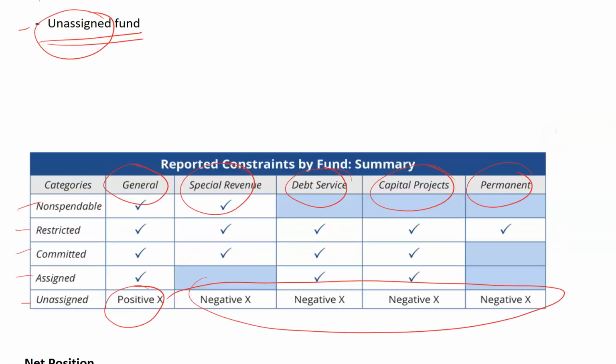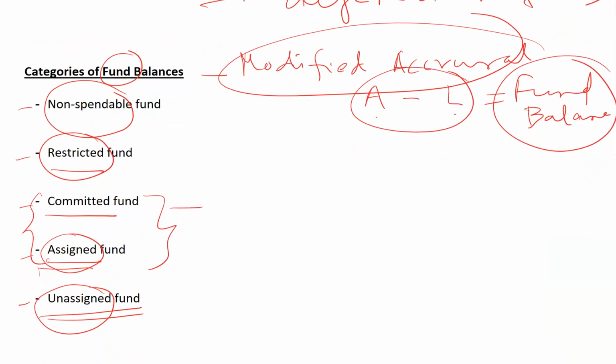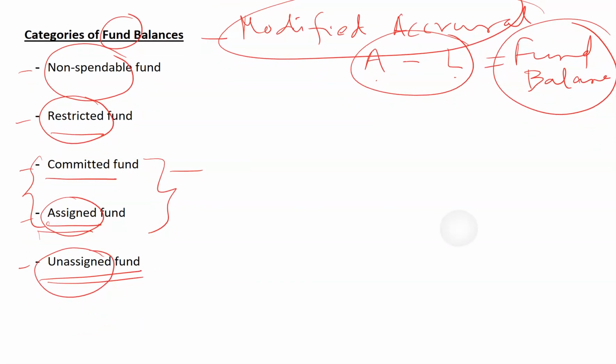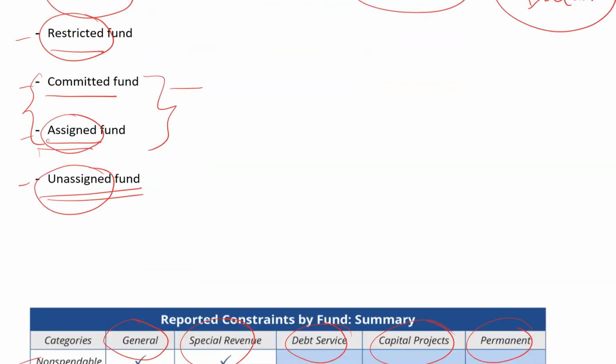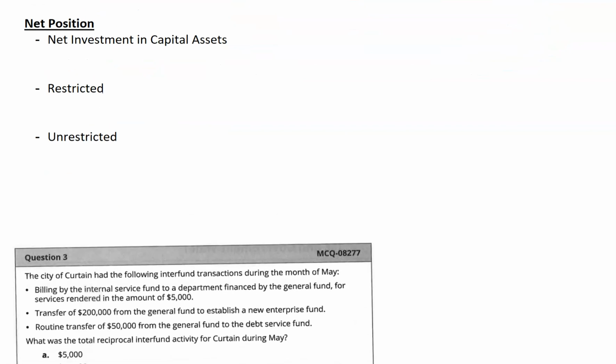Now we are talking about the modified accrual basis, where the differences between the assets and deferred outflows and liabilities and deferred inflows are known as fund balance. Now, if you think of government-wide financial statements or the other funds, especially proprietary funds, internal service or enterprise funds, they use the accrual method.